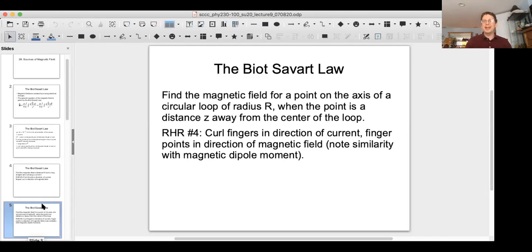So we're breaking it into components. So it becomes negative capital R cosine theta i hat minus capital R sine theta j hat plus z k hat. And so that's the r vector. And so you have dl and you have the r vector. You take the cross product of them and you get components in 3 dimensions.